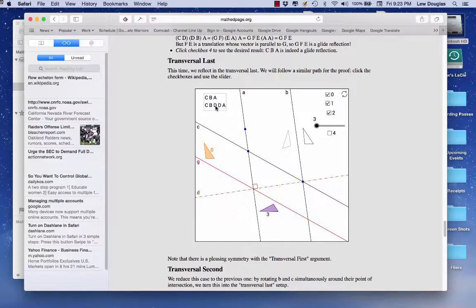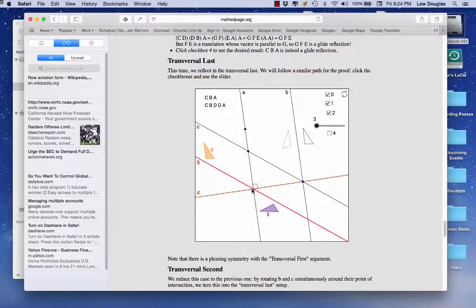So it's done here. Now the idea is to realize that, now that we have more reflections, a reflection in A and then D, a double reflection, as we've shown, is equivalent to a rotation around the point of intersection of A and D, which is this point here.